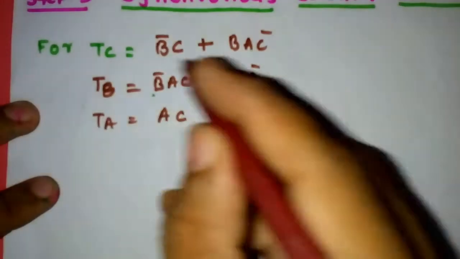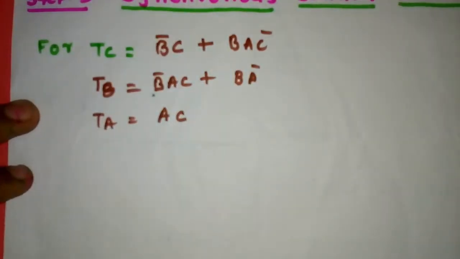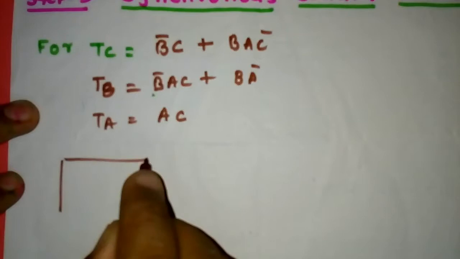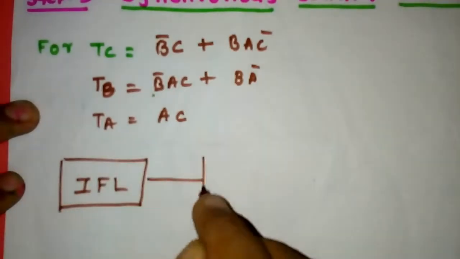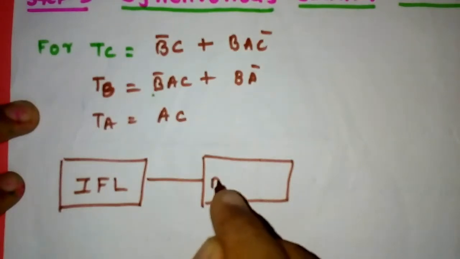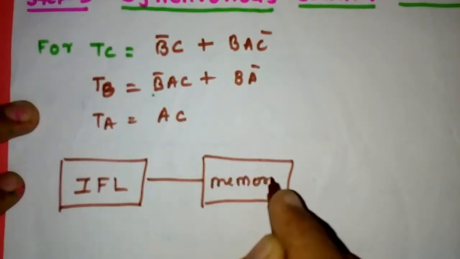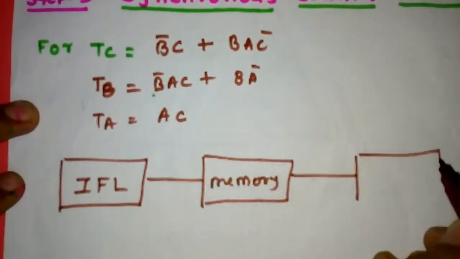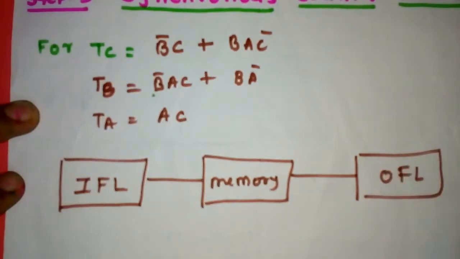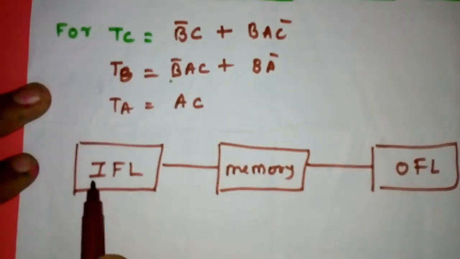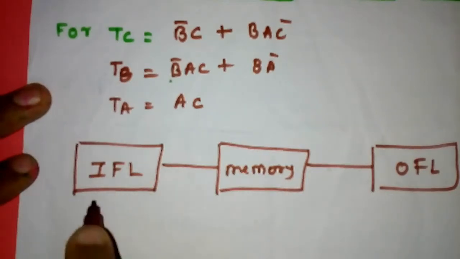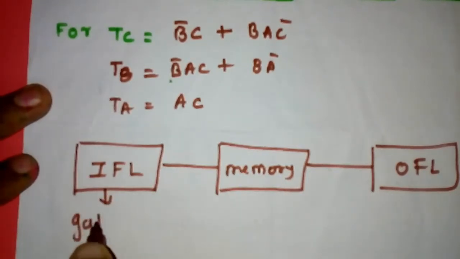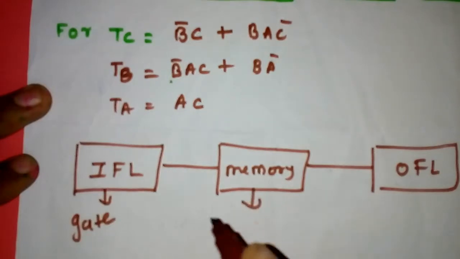In this circuit we need three blocks. First one is IFL. After that we need memory. After that we need OFL. Here IFL means input forming logic, where we use some gates; for memory we use flip-flops.